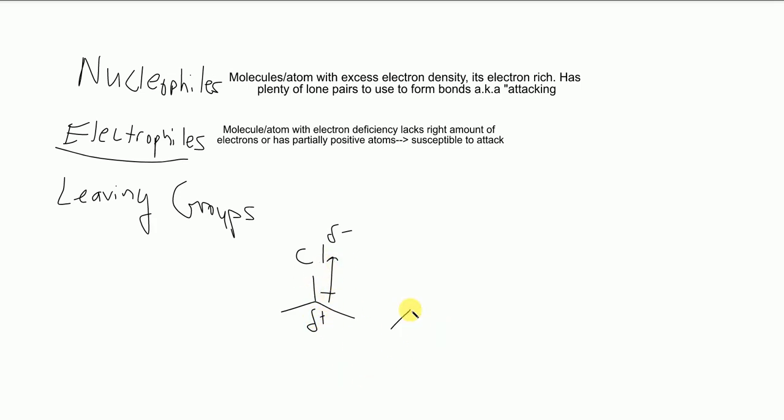And this can also be the same whenever I have things like, if I have water, this is dehydration, so this water is partially positive, right, because this oxygen has too many bonds. So it's really pulling on these electrons in the sigma bond, and making this a very partially positive site and this a partially negative site.